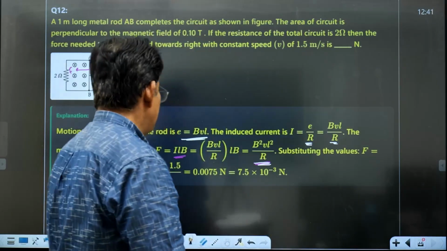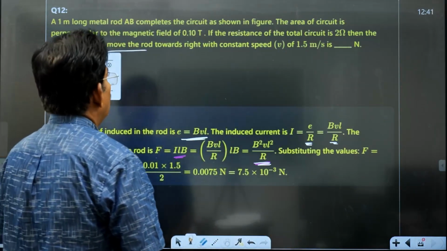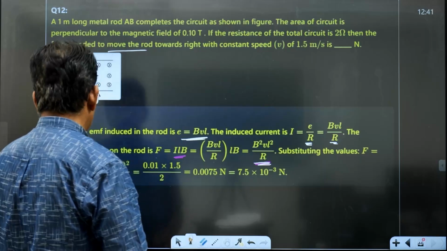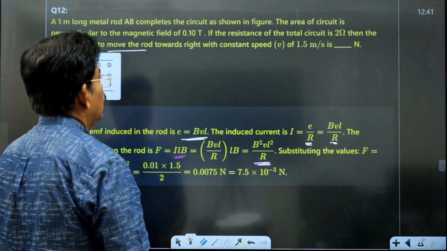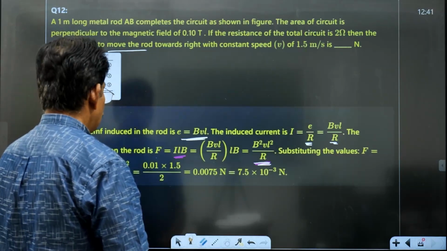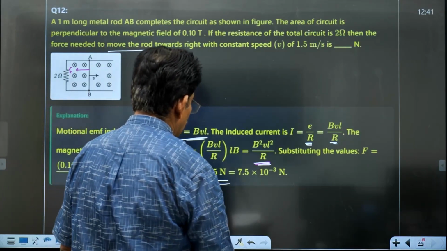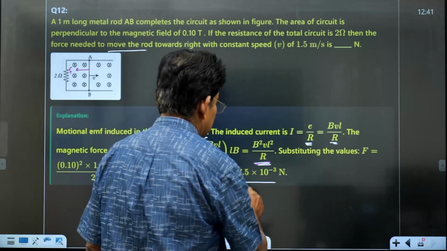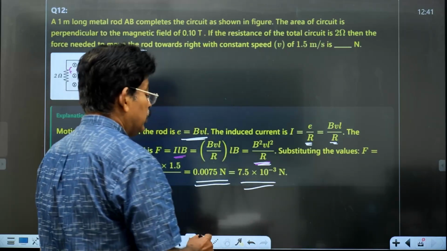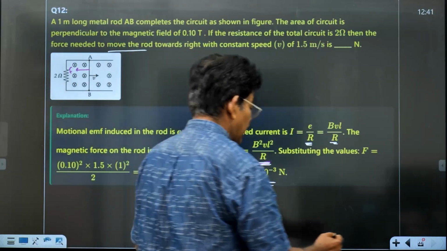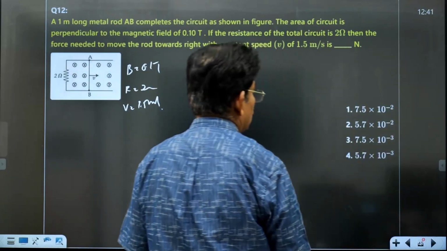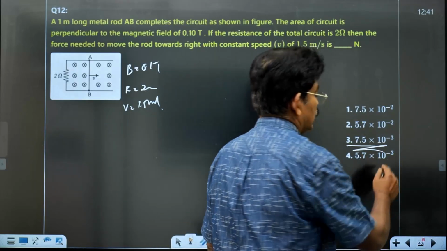Okay, now you have to simply substitute B given as 0.1, so B square, V is 1.5, L is 1 meter. Simple calculation. This is coming to be 0.0075 or 7.5 into 10 to the power of minus 3. Let us look into the options. This is coming to be the third option.